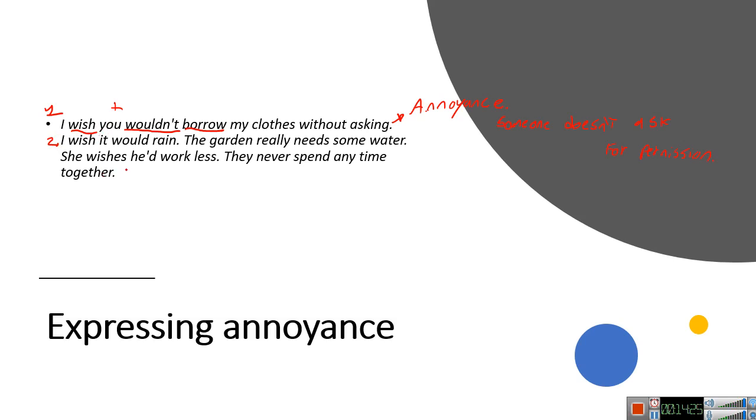Now, second one. I wish it would rain. So I wish plus would. That's how we know this is an annoyance. The garden really needs some water. So, ¿qué es lo que me molesta acá? Aquí me está molestando que el jardín necesita agua. So, the garden really needs water.